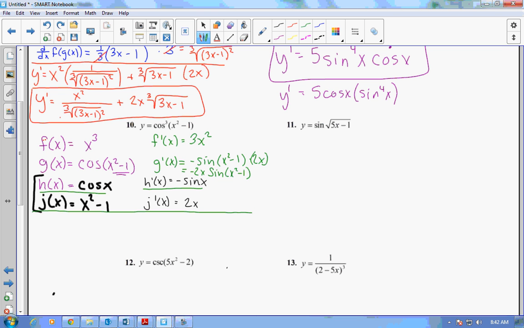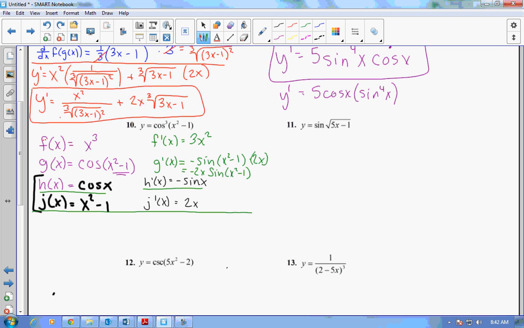We added a chain rule on this guy because we have a quadratic function stuffed into the trig function. So I made up two more letters, h and j. The outside was cosine x. The stuffing is x squared minus 1. I'm trying to find the derivative of g. Since I have a composition of functions, I have to do another chain rule.